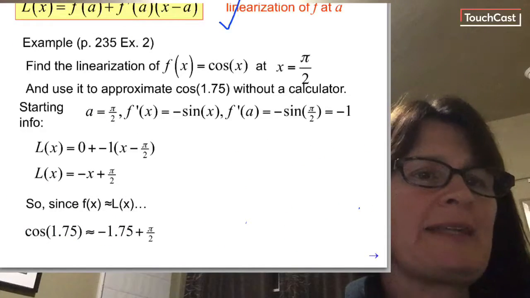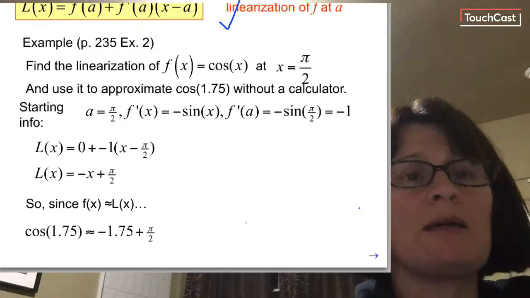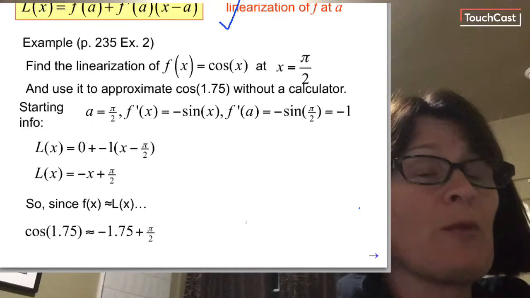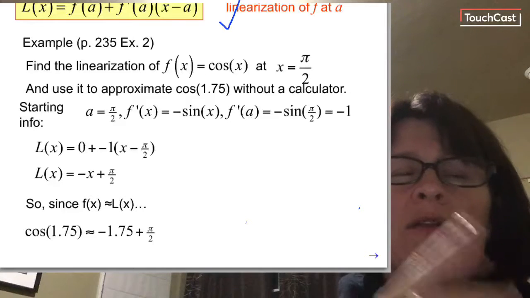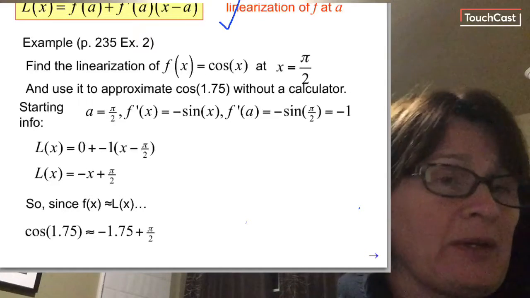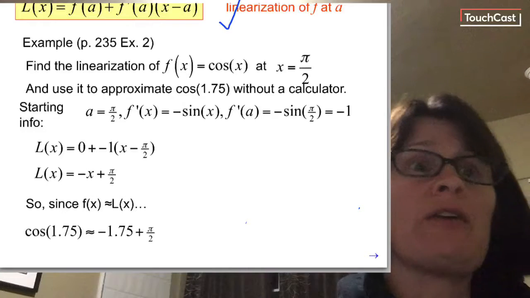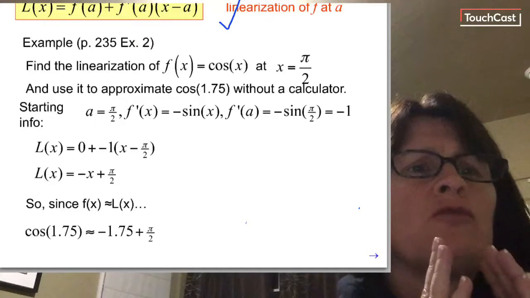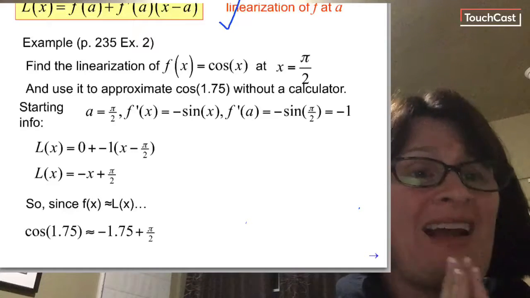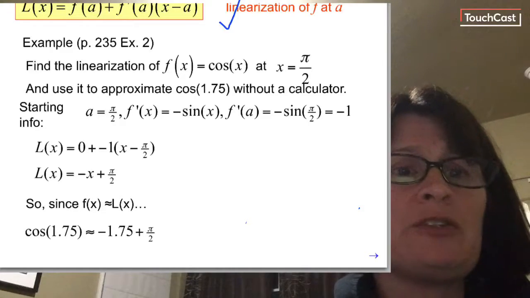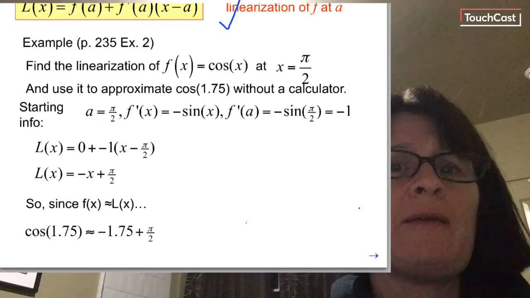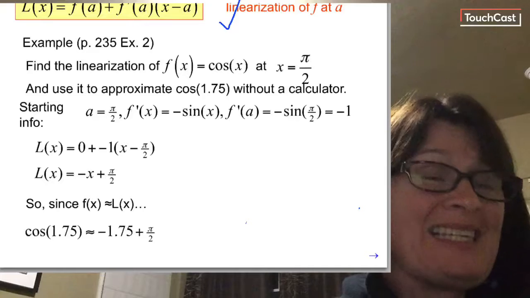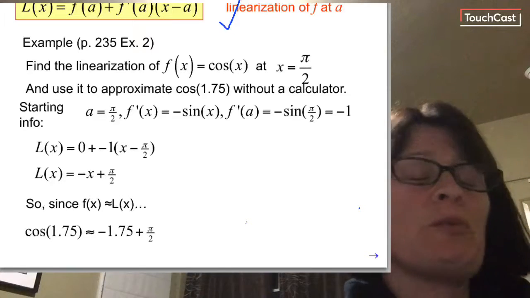So you can see here, this is just that same thing, but written up nice and neat, typed out. Linearizations are pretty straightforward. They're only a calculus topic because we need a derivative to figure out what to use for the slope. So they're not very complicated, but the most common error would be to try to tell me that the answer you gave, negative 1.75 plus pi over 2, is equal to the cosine of 1.75.